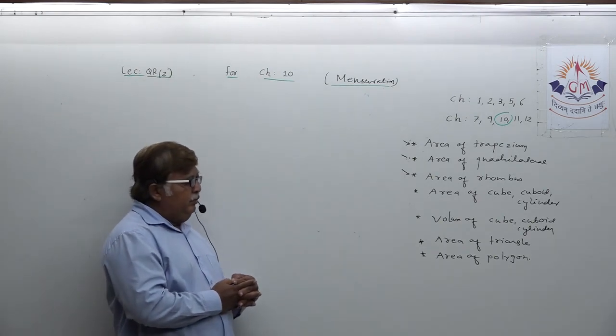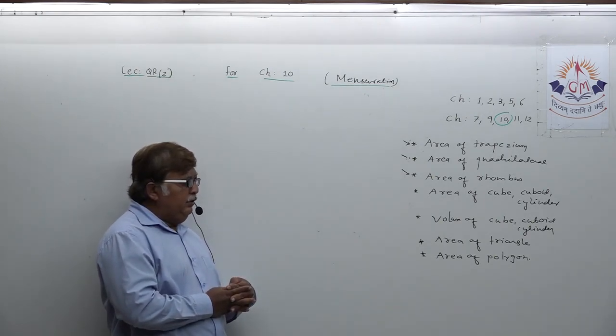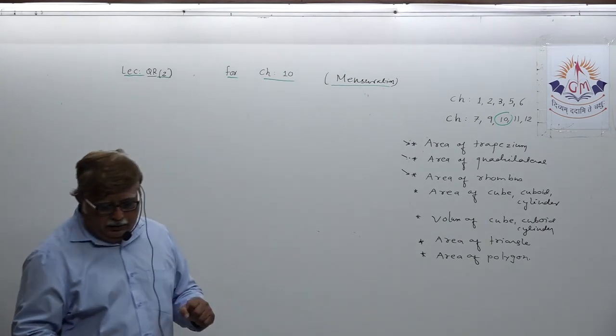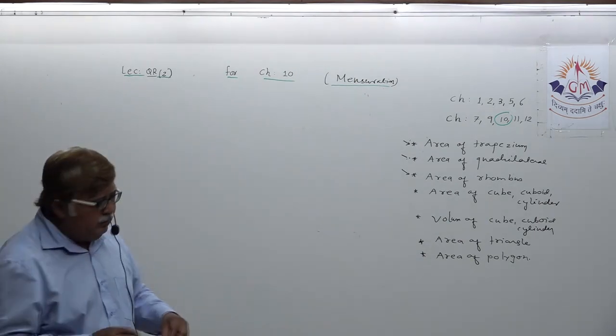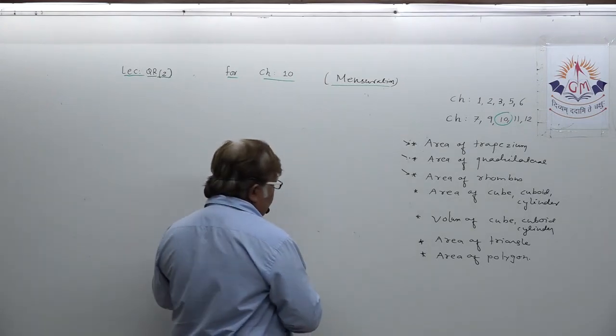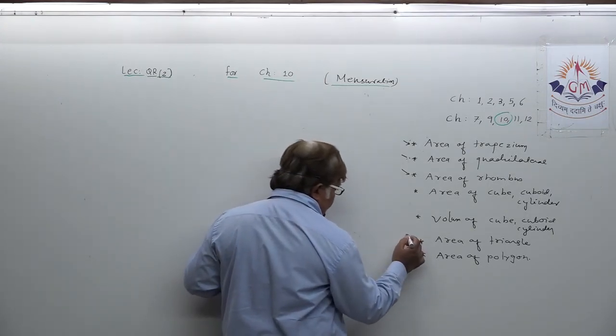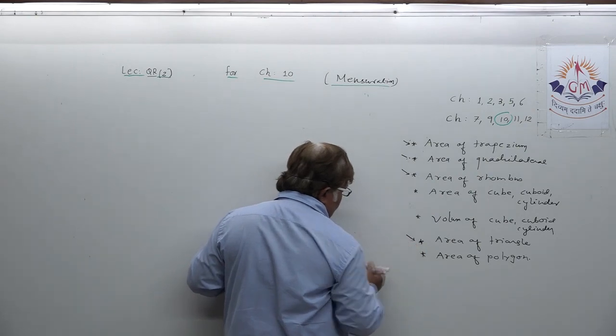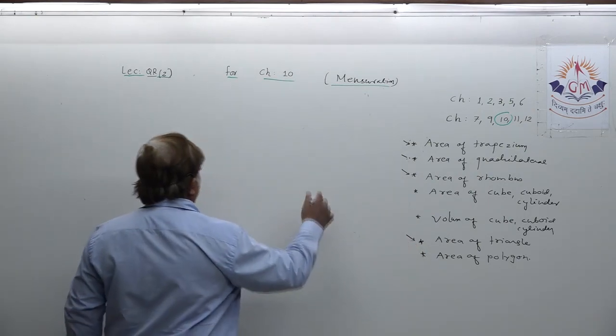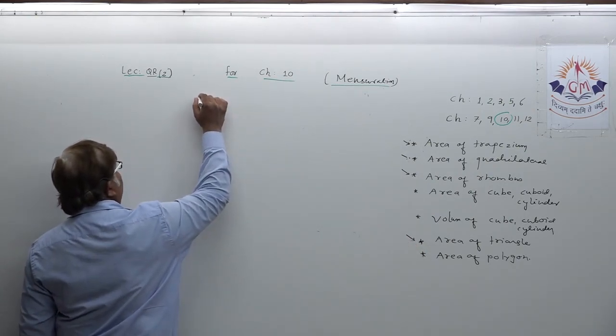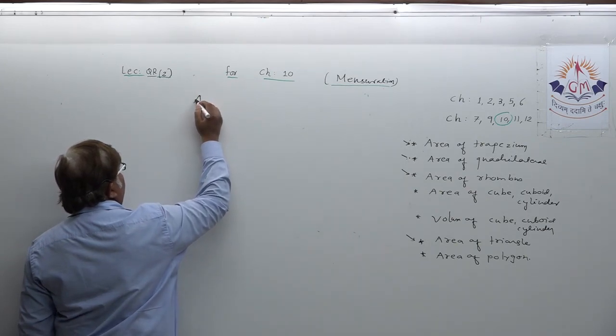area of trapezium, area of quadrilateral, then area of rhombus, and now our target is to take a revision of, first I am targeting the topic from here, area of triangle. Okay, that topic I want to target first today.